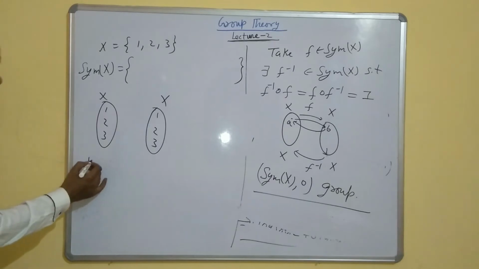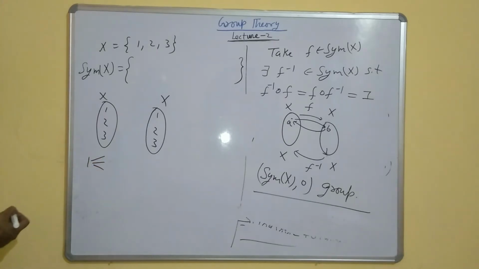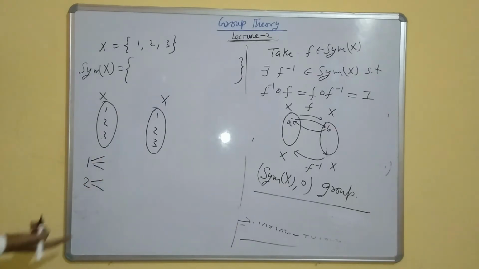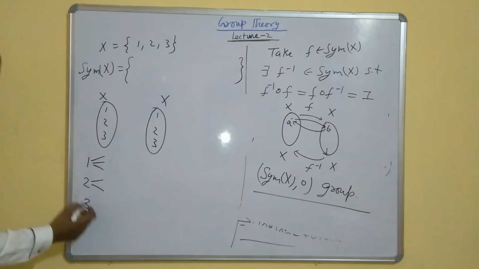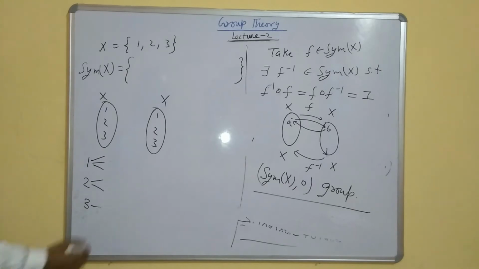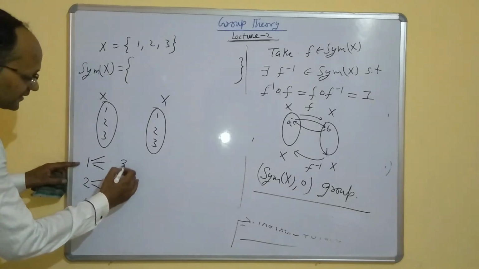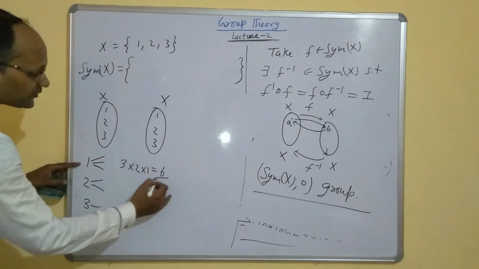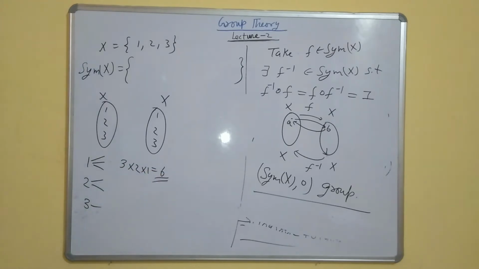So we have 3 choices here, 2 choices here and 1 choice here, so we have 6 maps from x to x.